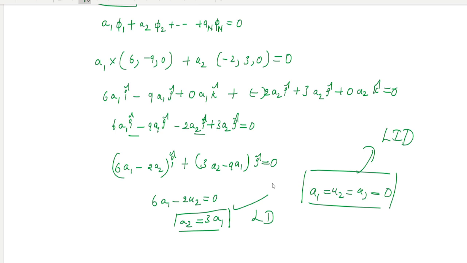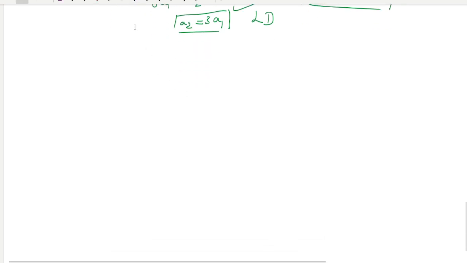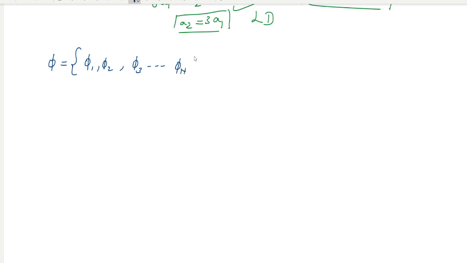For the given vector space V, let us say, for example, if I take the set of vectors psi1 and psi2 and psi3 and so on psi n. Okay, so this is the given vector space.